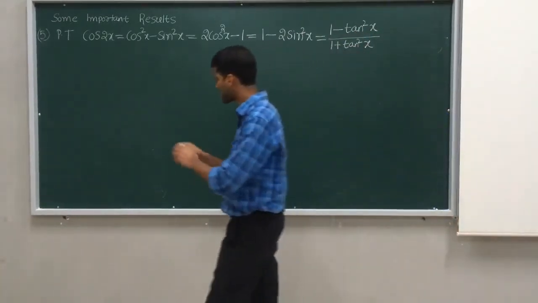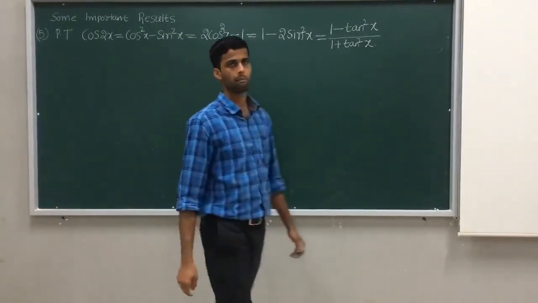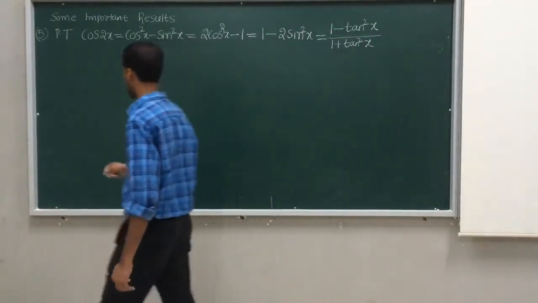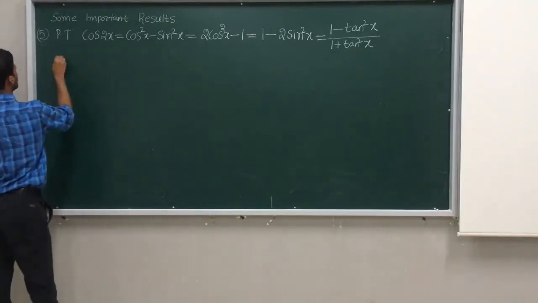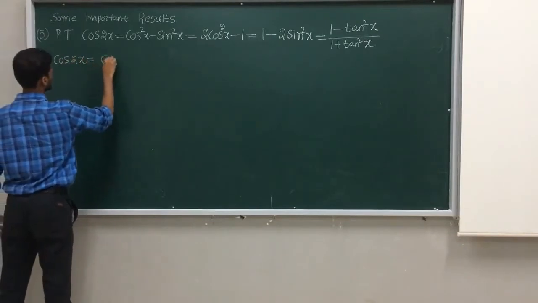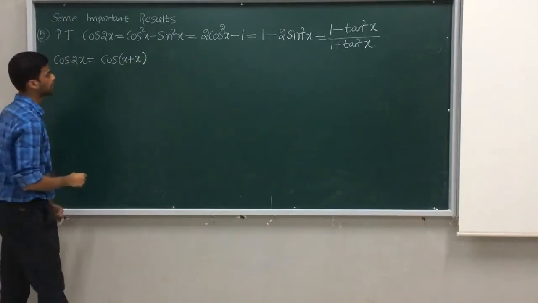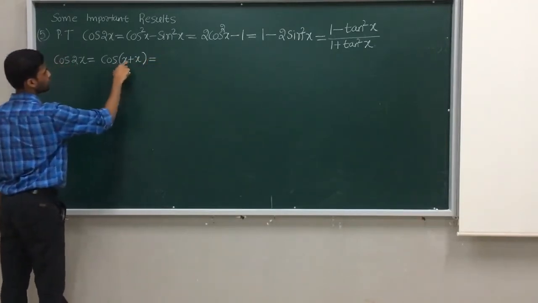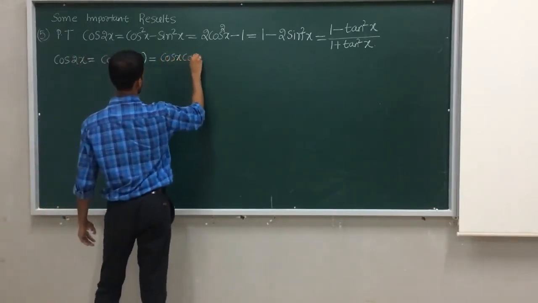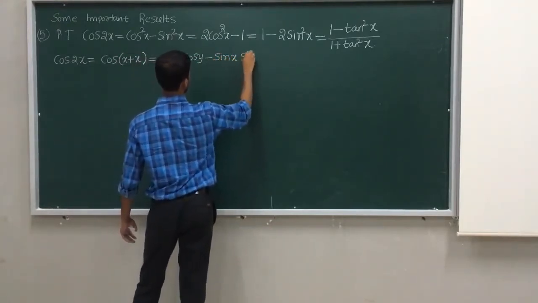It's a result you need to memorize, because many trigonometric functions make use of this result. So let me use this idea now. See, cos 2x. I'll write this cos 2x as cos of x plus x. X plus x is 2x. Now, cos of x plus y, you know, is cos x cos y minus sin x sin y.